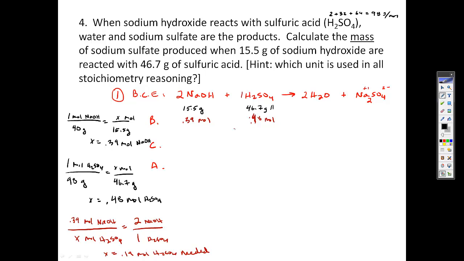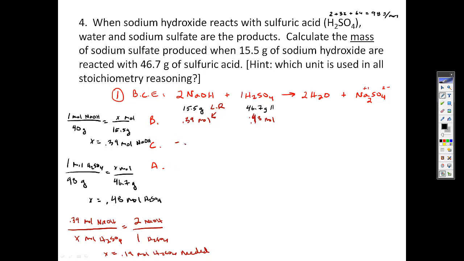Right? Do I have that? I've got 0.48. I've got more than enough sulfuric acid. That means that this is my limiting reagent. In this case, sodium hydroxide is my limiting reagent. What does that mean? That means it's going to be completely used up.